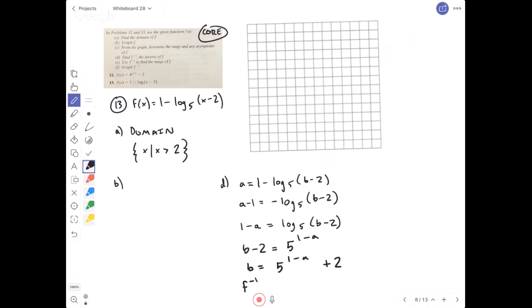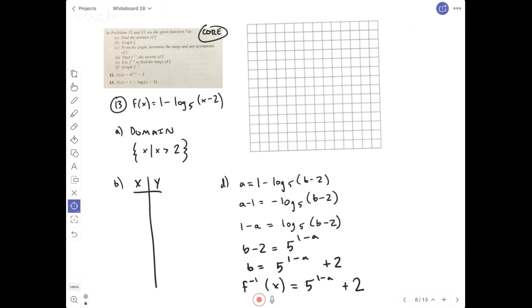So the inverse function, f inverse of x, is equal to 5 to the 1 minus x plus 2. So I'm going to use that now to choose values in my xy table.